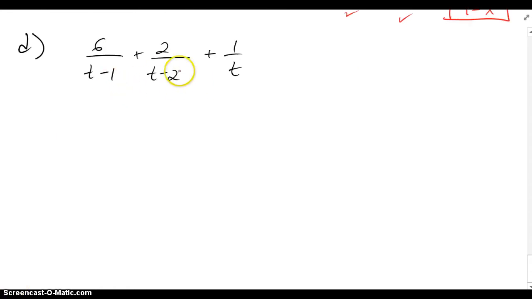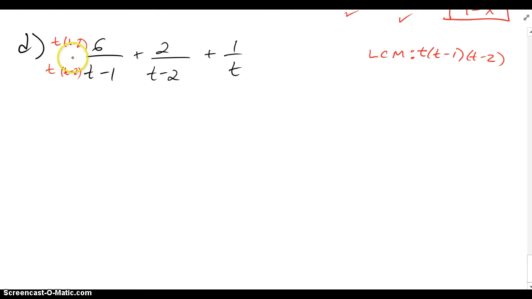Alright, last one. They all have different denominators, so the LCM or the LCD is going to need to have the first factor, t minus 1, the second factor, t minus 2, and also the last factor, which is just t, a monomial. So all three are different factors. I need to account for all three of them. Now the first one is missing 2 items. It's missing the t on top and bottom and the t minus 2.